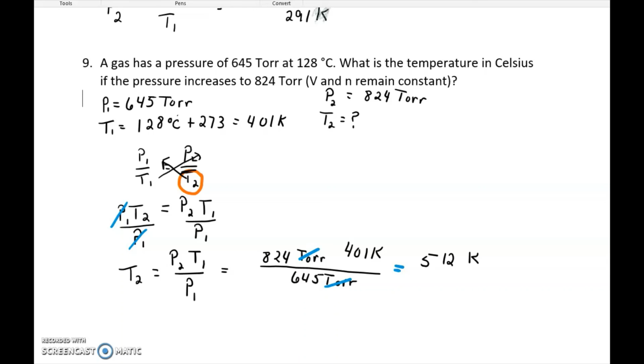Now we're going to need to put this into Celsius. That's what the problem asks us to do. So we'll want to subtract 273 to get 239 degrees Celsius.